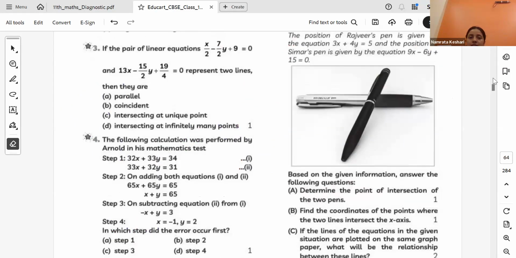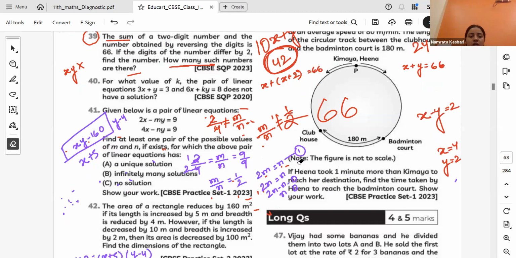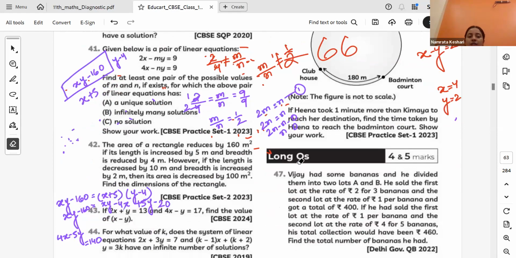Let's create the second equation. Now solve it and tell me the value for x and y. Can you tell me what to do for finding the second equation? The first equation is 4x minus 5y is equal to 140.